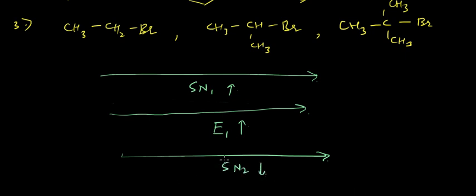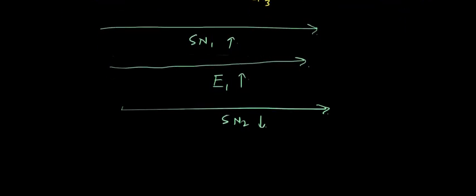Okay, and again if you go along the group, we would have something like this, and we need to compare the rate of E2. Okay, so the rate of E2, actually again we have a transition state, it's a one step reaction.